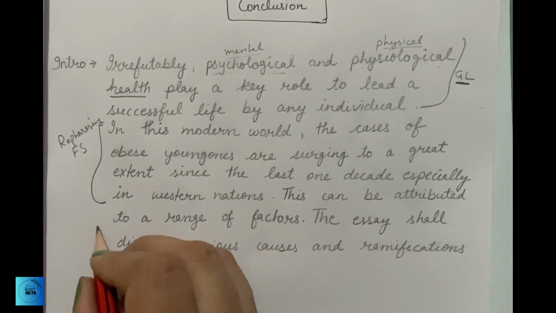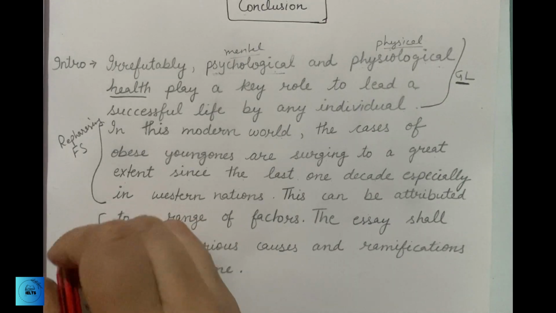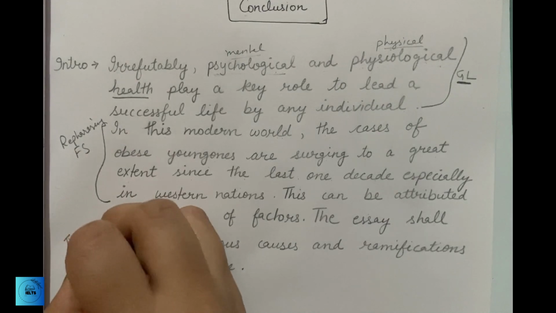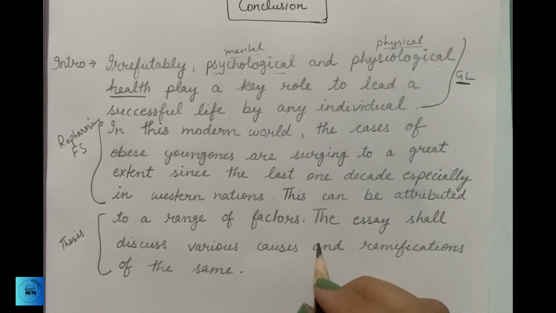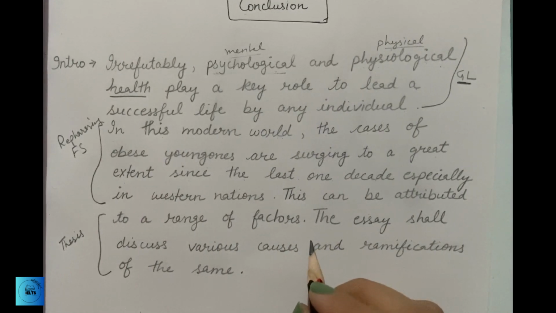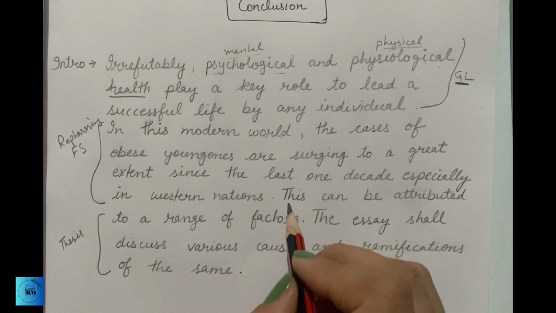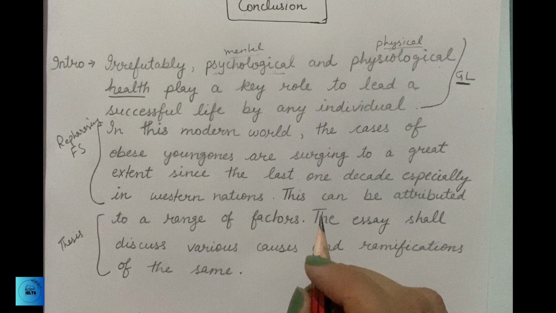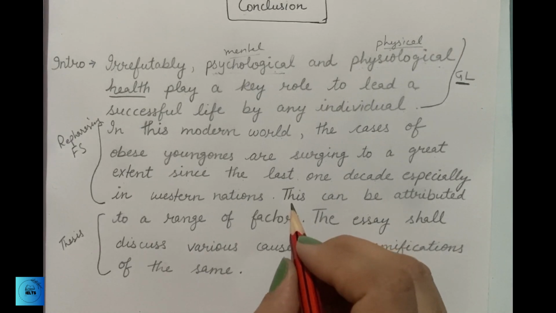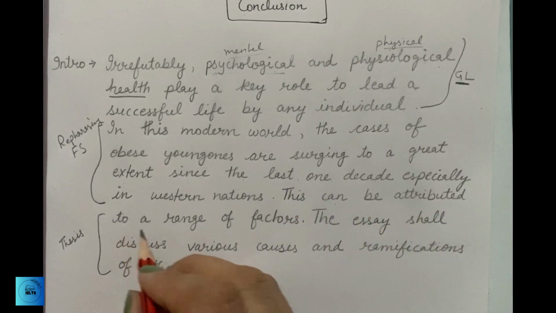So next is answering the factual statement, that is called the thesis line. Whatever will be asked in the question, only that I will write. I cannot go off topic. They have asked about causes and effects. For causes, I can write this can be attributed to a range of factors.